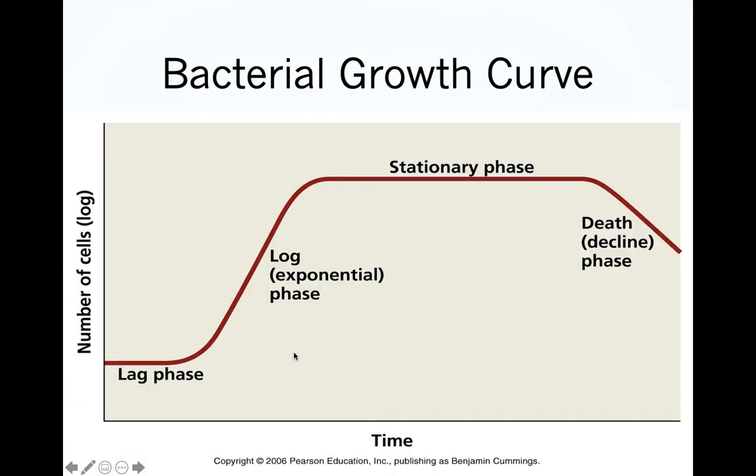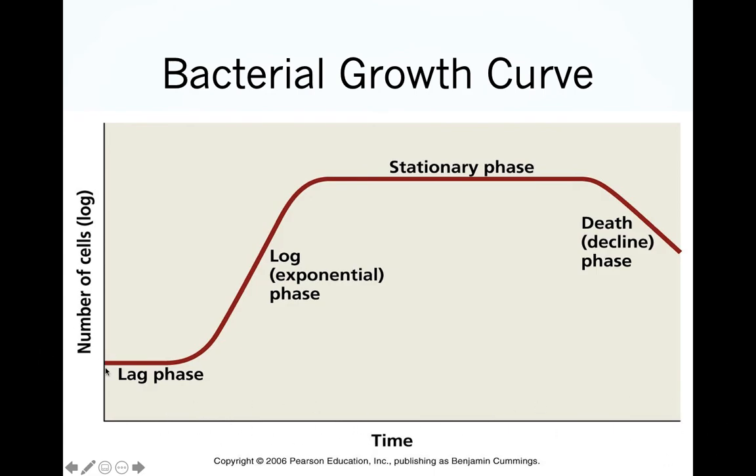So essentially how this works. Every single bacteria on the planet will undergo this essential type of growth when you introduce it to a brand new colony, a brand new petri dish, a brand new host, aka you get sick for the very first time. So the very first thing that happens right here, this is the number of cells that are found in a sample, and this is the amount of time on this side over here.